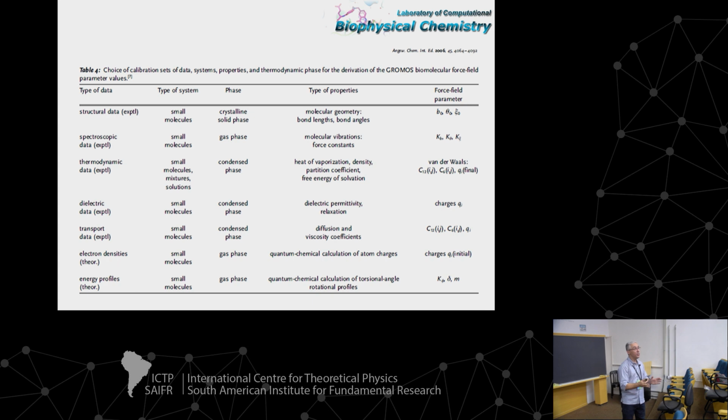So you calibrate your model under a given condition. And there is no guarantee that this is going to work in all conditions. So this is the first warning that I like to stress to people: when you're using any kind of model, you have to be careful about which conditions your model has been calibrated for.